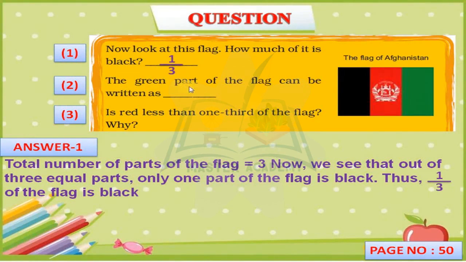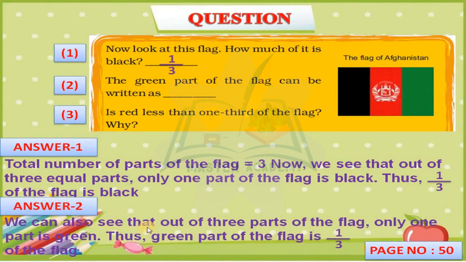Now the green part of the flag can be written as 1/3. The answer is the same. We can also see that out of 3 parts of the flag, only 1 part is green.